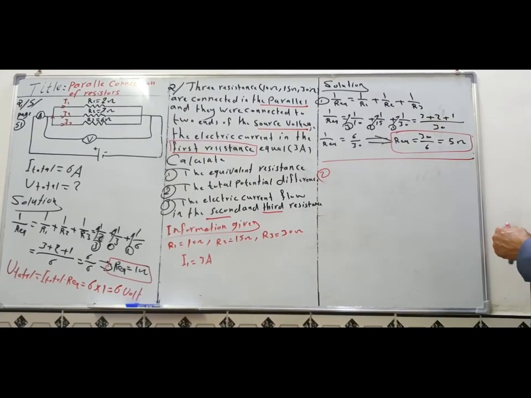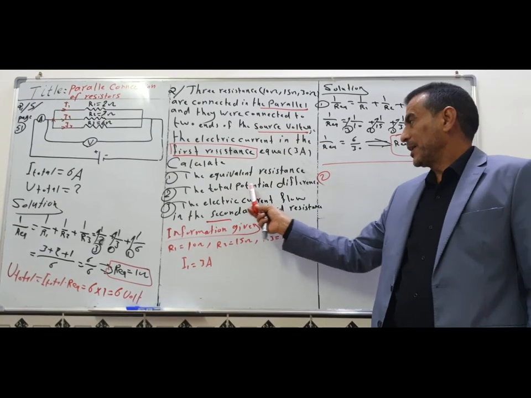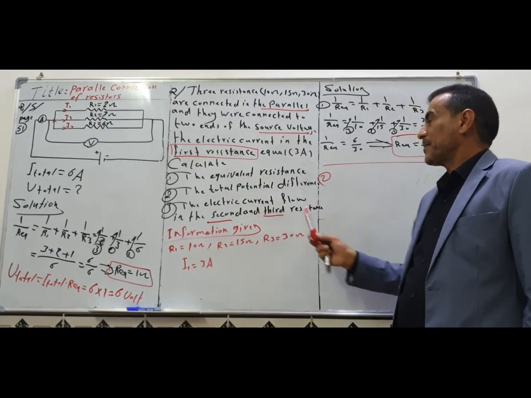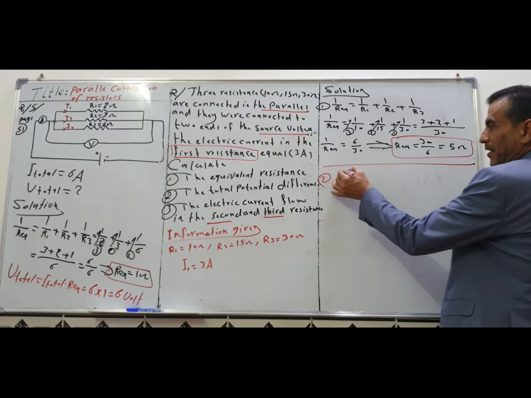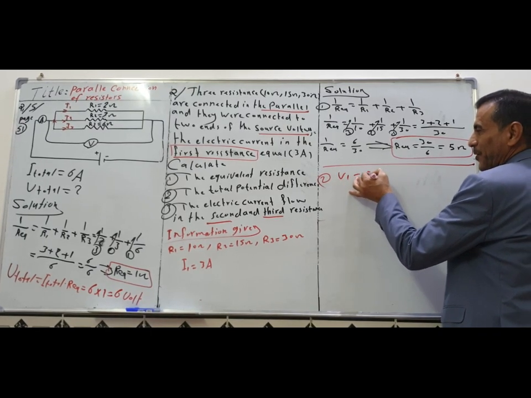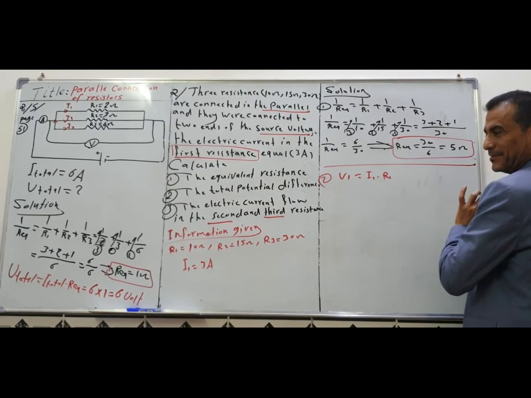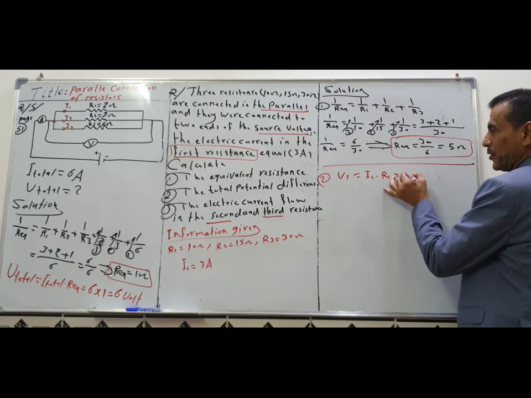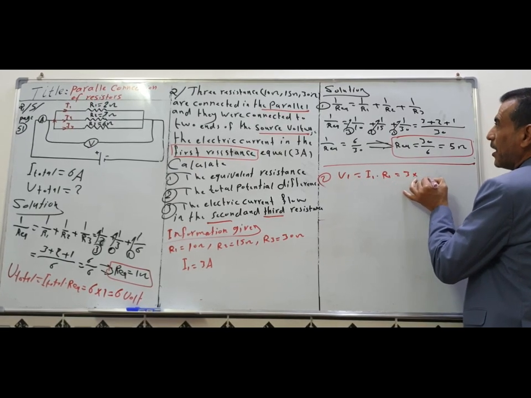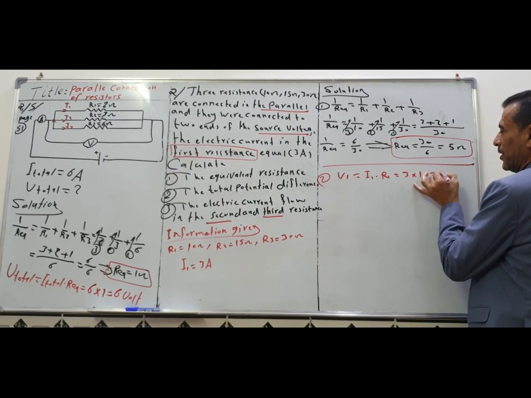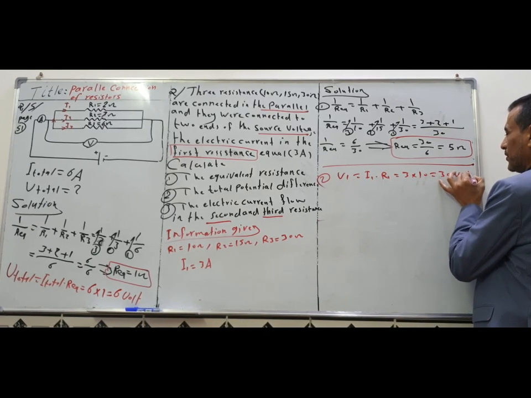2. The total potential difference. V1 equals I1 times R1. I1 equals 3, R1 is 10, equals 30 volt.